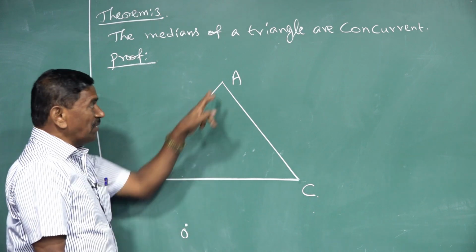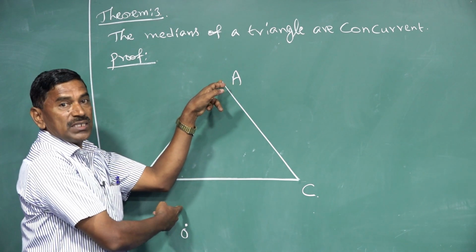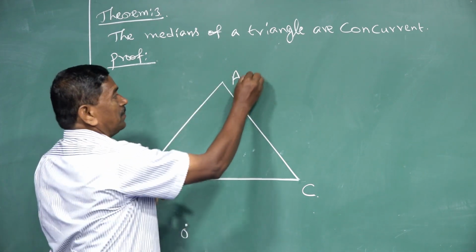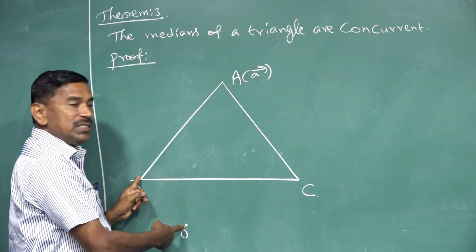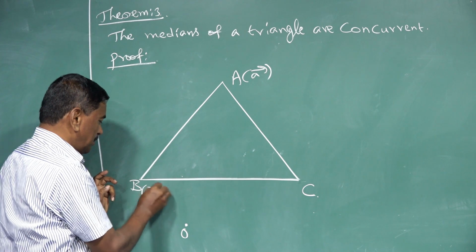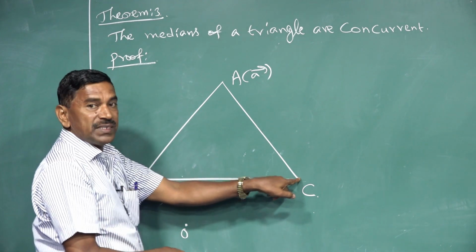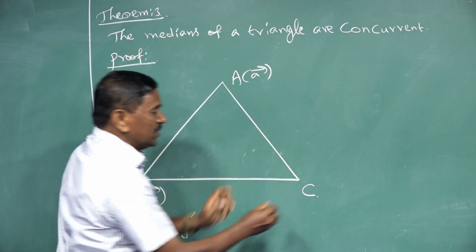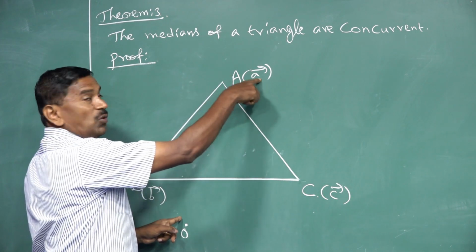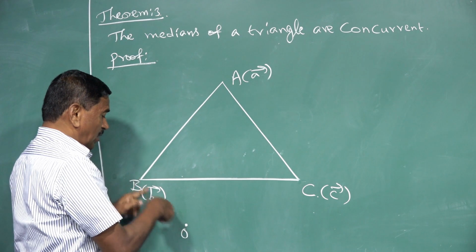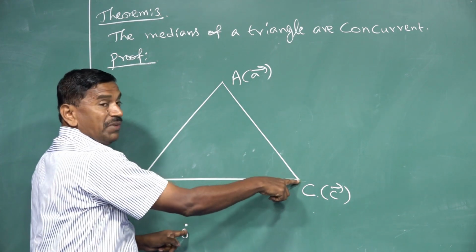Now, the position vector of A with respect to origin O is A vector. The position vector of B with respect to origin O is B vector. The position vector of C with respect to origin O is C vector. Which means OA vector equals A vector, OB vector equals B vector, OC vector equals C vector.